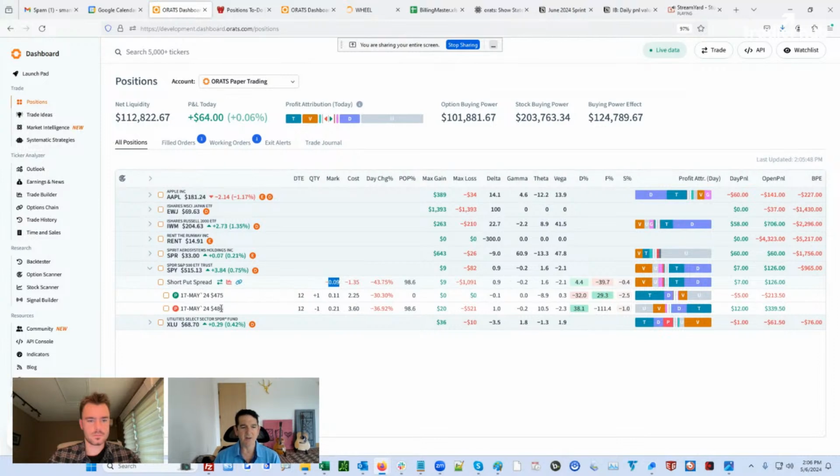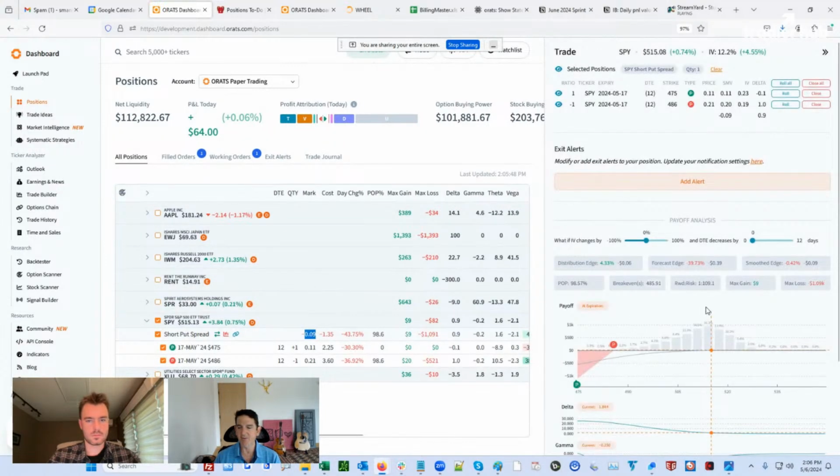And the most we could lose is the difference between the strikes and the amount that we receive for this particular spread. So if I, again, pull it up in the trade analyzer, the max loss on this position is about $1,000 here. So it's 486 minus 475. So that's 11 points.